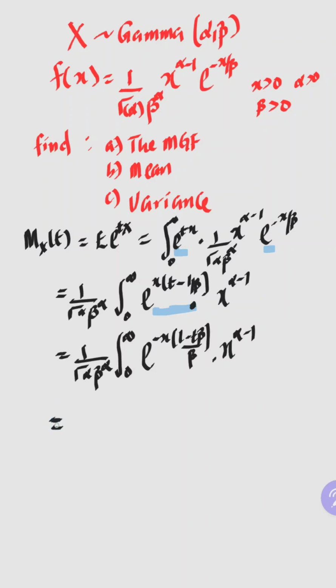Now, looking at this kernel of a distribution, here we can see that we have 1 over gamma of alpha, beta to the power of alpha, and we multiply both the numerator and the denominator by beta over 1 minus t beta, to the power of alpha, gamma of alpha.